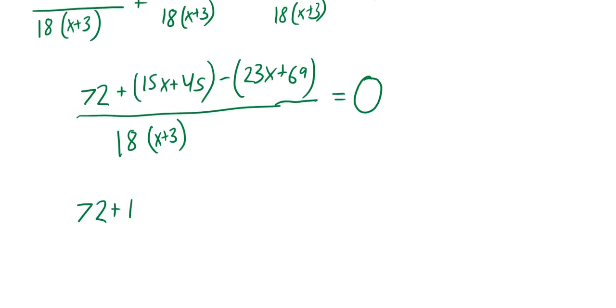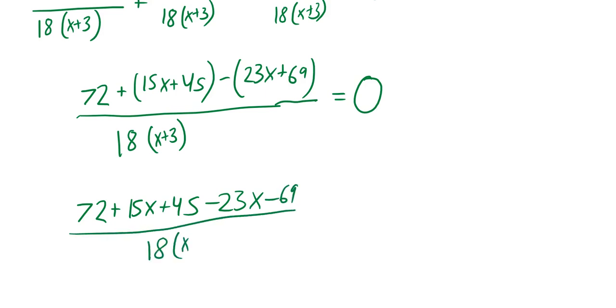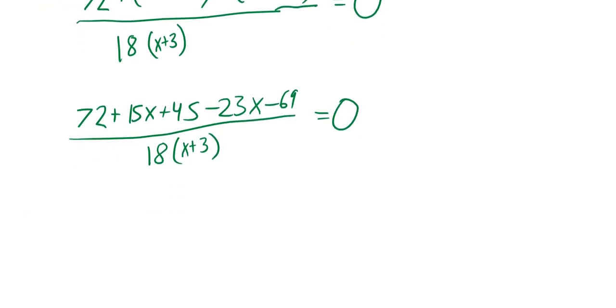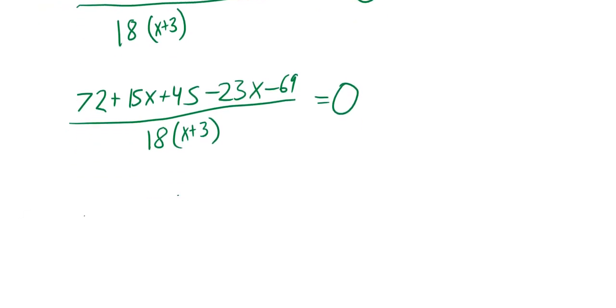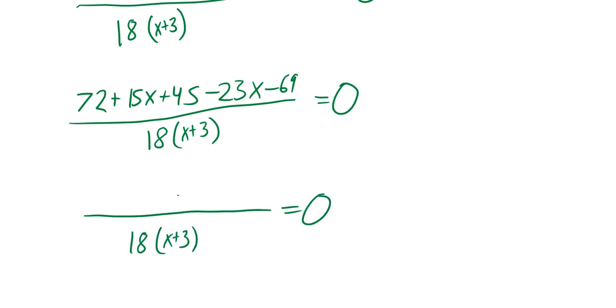This is 72 plus 15x plus 45 minus 23x minus 69, over 18 times x plus 3, which has some big numbers in it, but not so big that I'm overwhelmed. If I do 72 plus 45 minus 69, I get plus 48. And if I do 15x minus 23x, I get negative 8x.